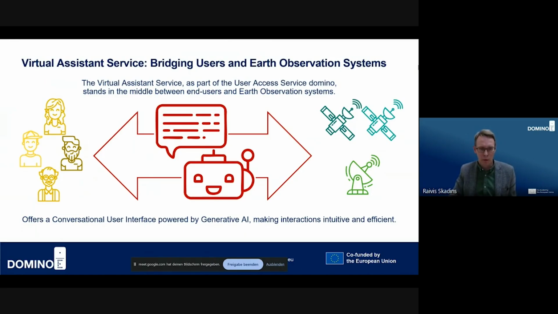And the virtual assistant, as a part of the user access service of Domino, stands in the middle between those two. So we are aiming to offer a conversational user interface powered by generative AI, so that this communication between end users and ground segment systems would be more intuitive and efficient.